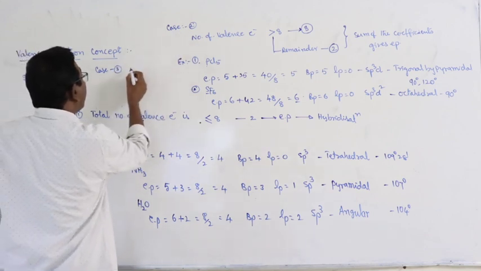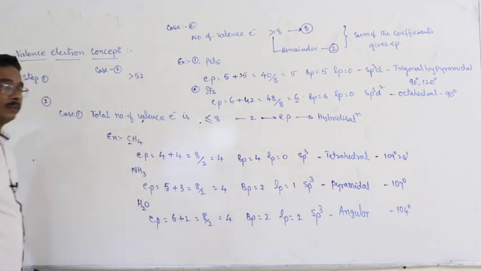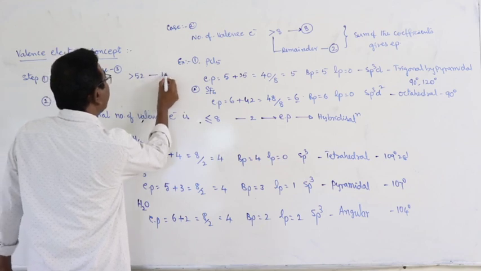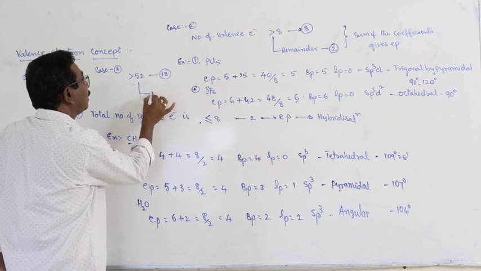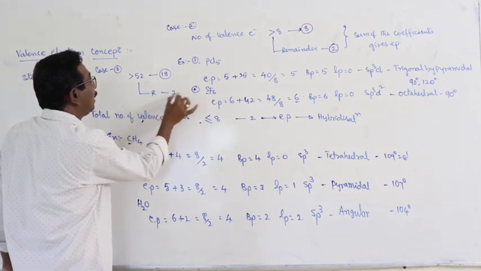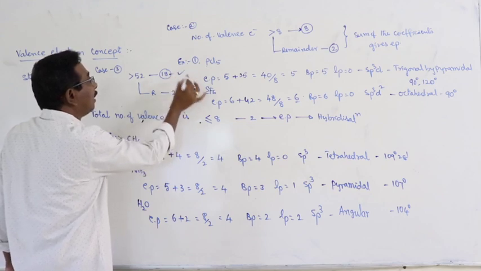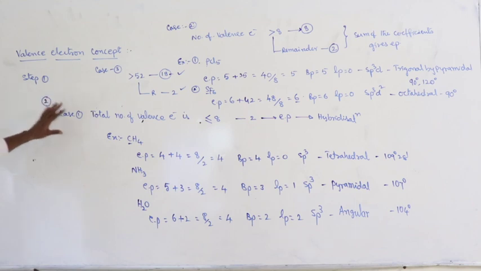If the total number of valence electrons is greater than 52, then that number should be divided by 18. If there is any remainder, that can be divided by 2. Add the sum of the coefficients, which gives the number of electron pairs.